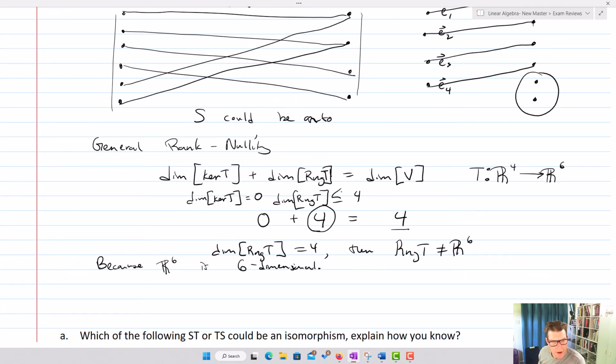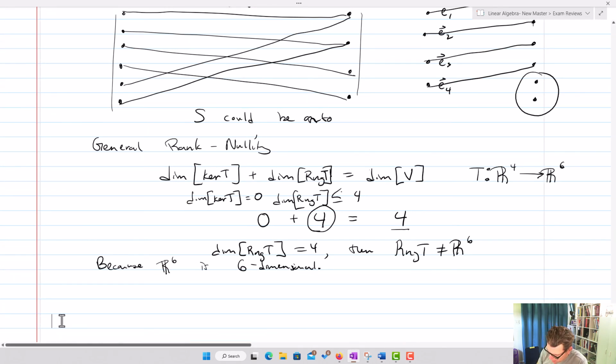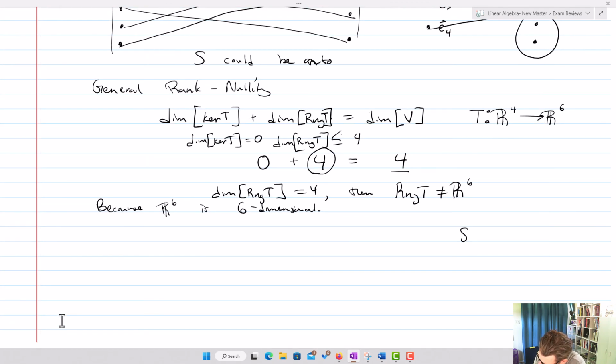If we look the other way around, though, let's suppose that I have now S, and S goes from R6 into R4. Thinking about rank nullity, I've got the dimension of the kernel of T plus the dimension of the range of T equal to the dimension of V. Now the dimension of V is equal to 6, right?